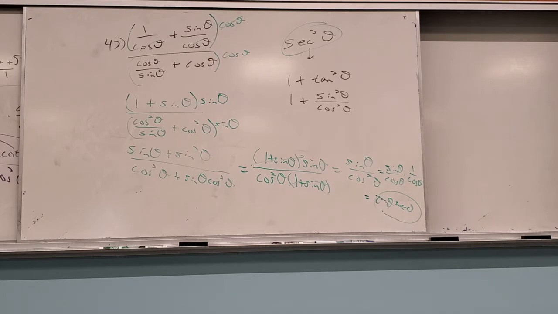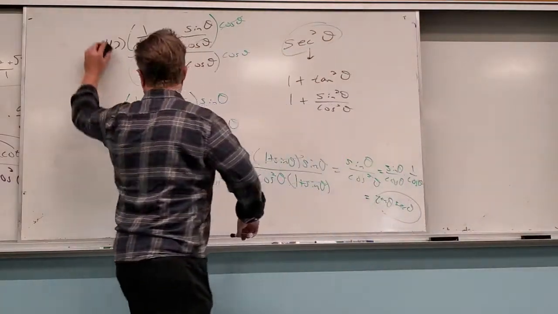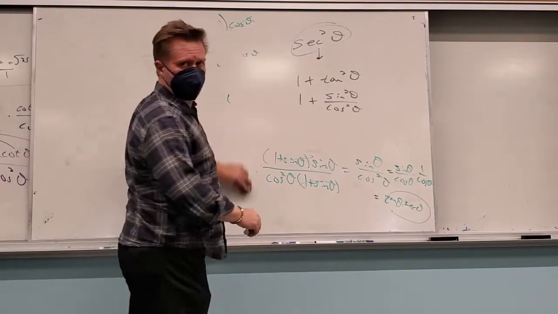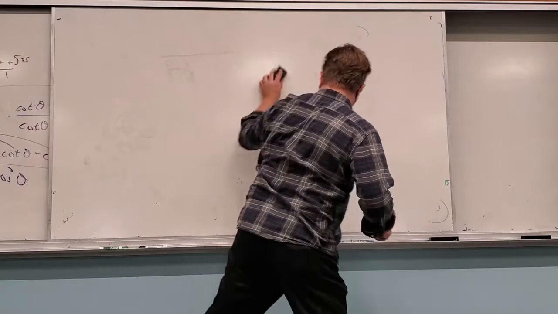Like cosine x cosine y plus cosine y cosine x, did I do that? I'm sorry, which side are you doing something to? This side? And what are you doing to it? Are you trying to distribute the cosine? Yeah. Okay. My bad. Alright.